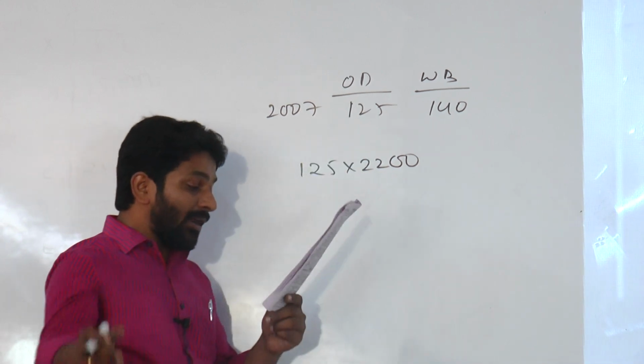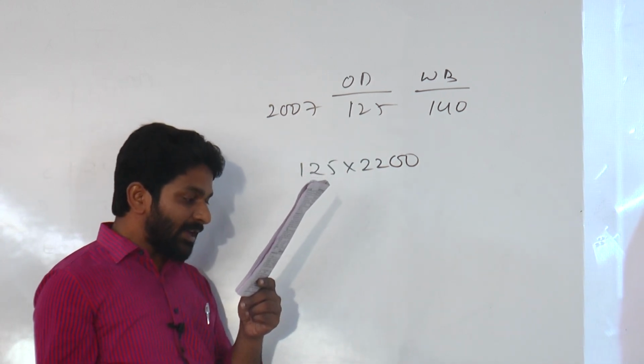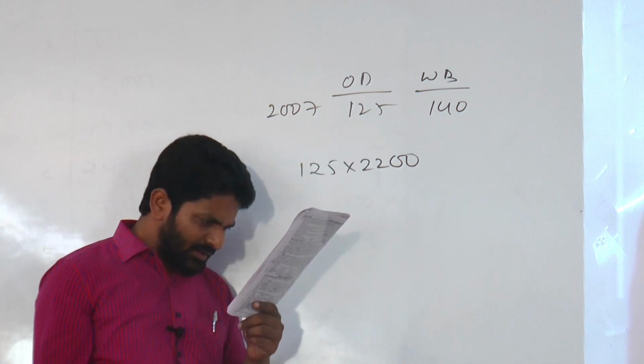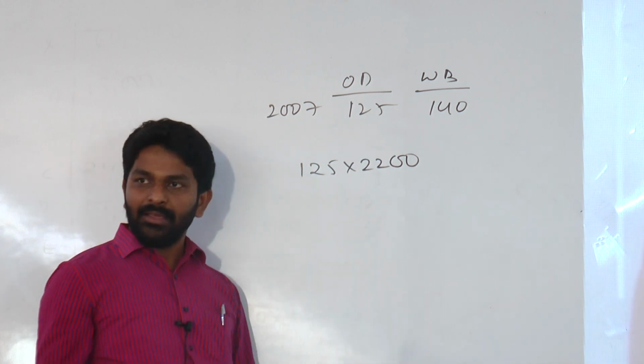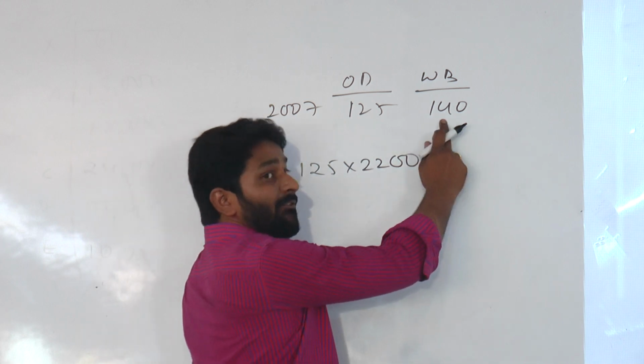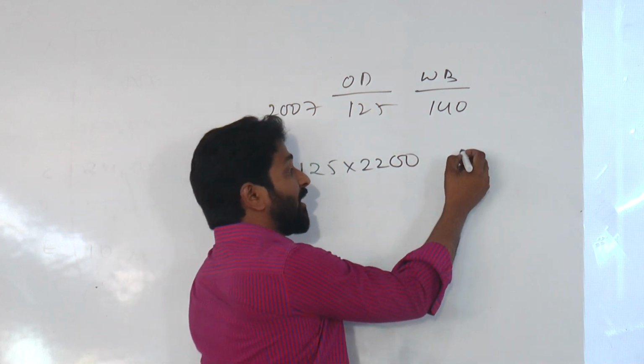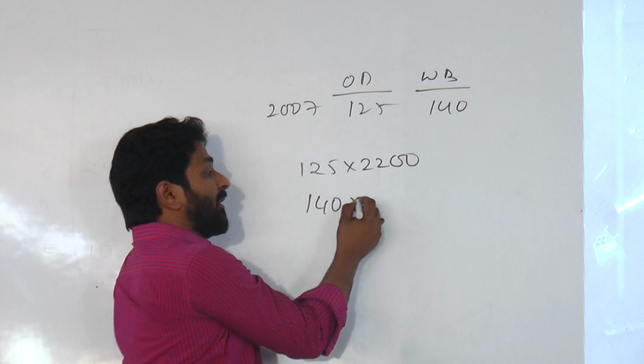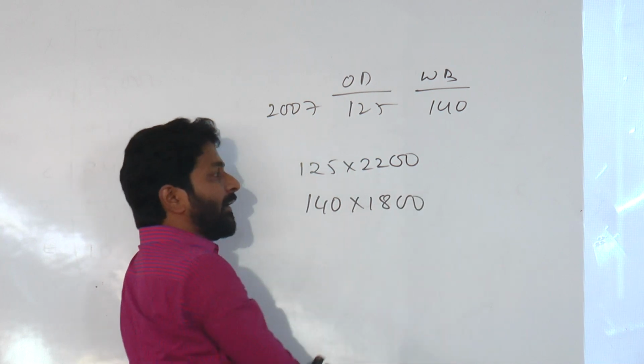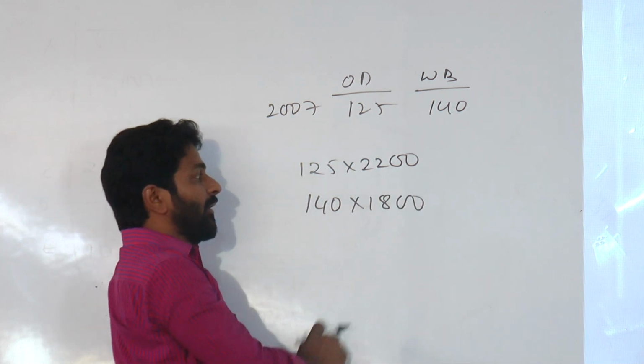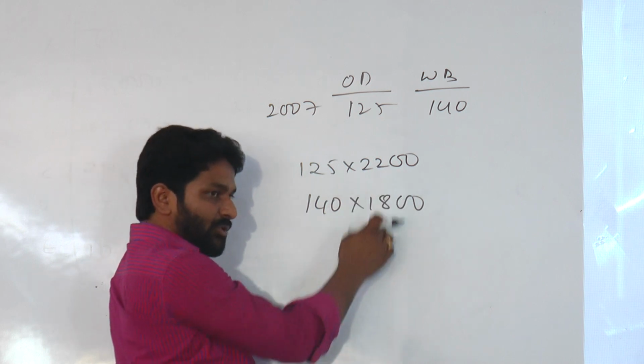And in West Bengal, the same year, how much is that? 1800 per hectare, and we have 140 hectares. So that is going to be 140 into 1800. Okay, and now you need to take difference of these two numbers.